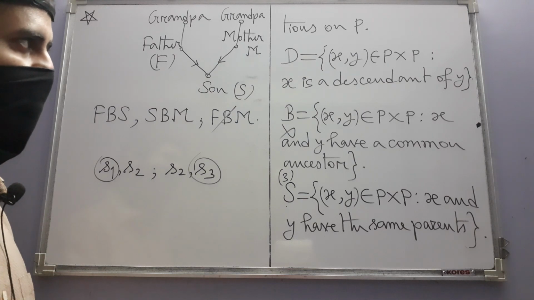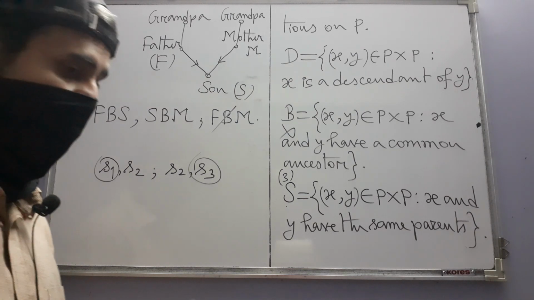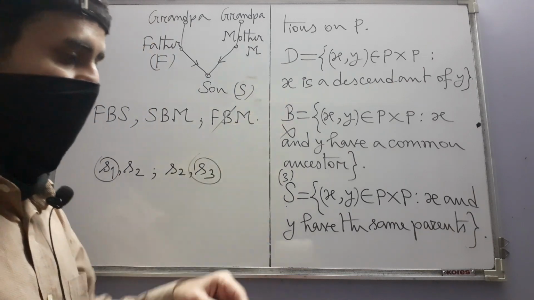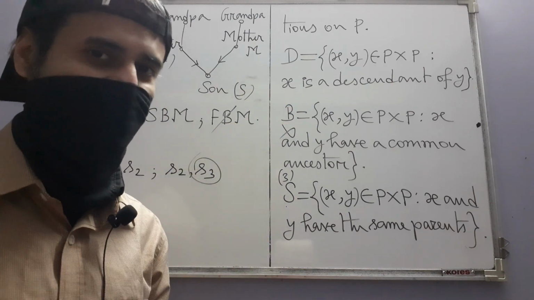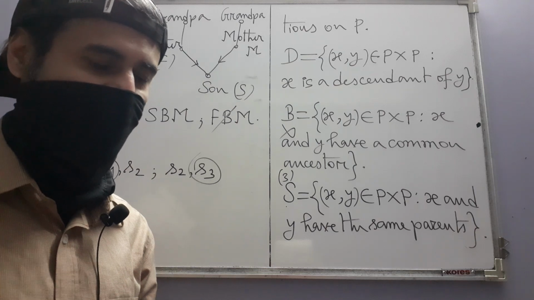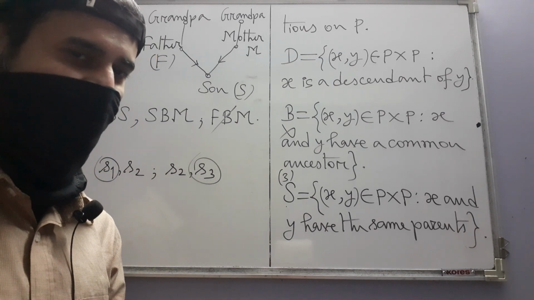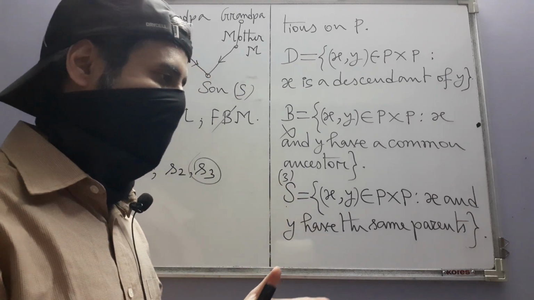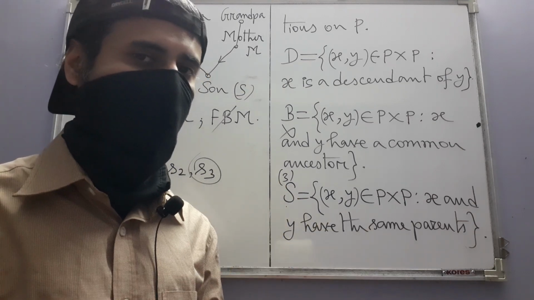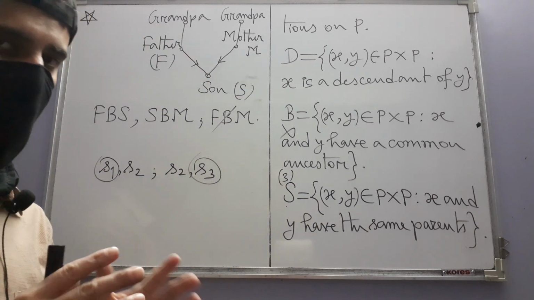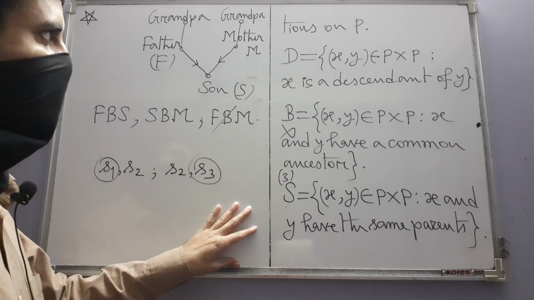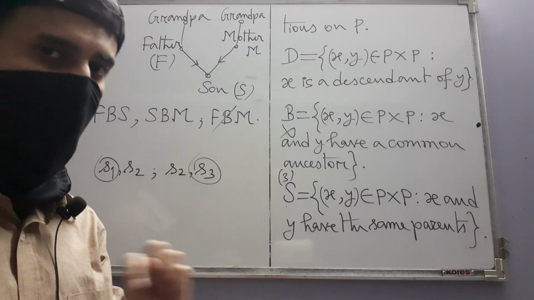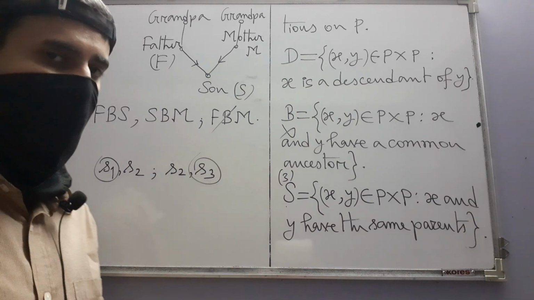What about non-reflexivity? It is present here because you are not a descendant of yourself. Obviously, you cannot give birth to yourself. I hope that never happens. So it satisfies non-reflexivity, and transitivity is easy.